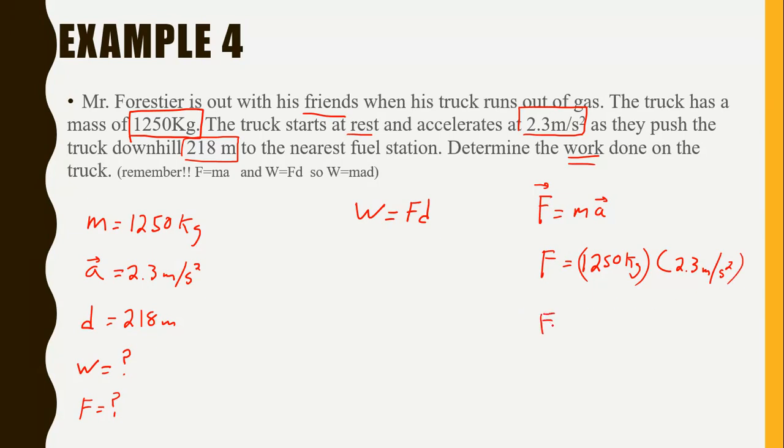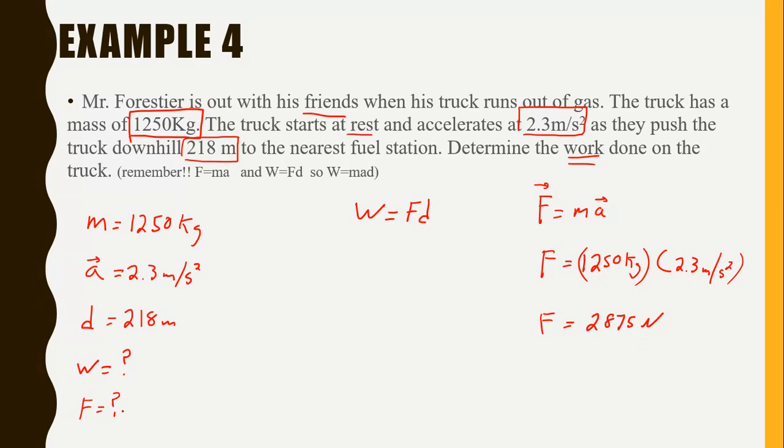So I can actually calculate the force being done to the truck, and the force is equal to 2,875 newtons. Now, when you're doing multi-step questions like this, don't round this answer. Keep it as is, keep it in your calculator.